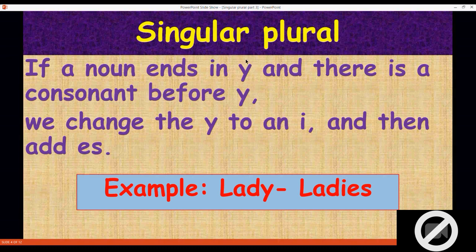So listen carefully. If a noun ends in Y, be careful. If a noun ends in Y and there is a consonant before Y. What is a consonant, my dear children?